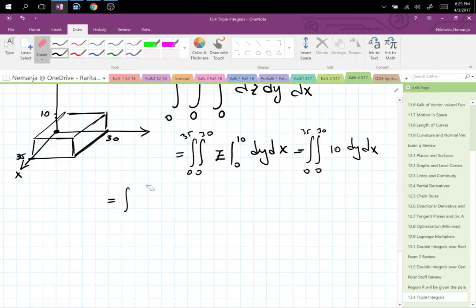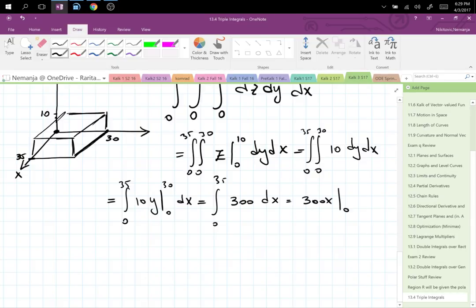You will get 10y computed from 0 to 30. You still have dx to deal with at the end. So 0 to 35, that's 300 dx, and integrate. This is the Calc 1 integral, so 300x from 0 to 35, which is 10,500.